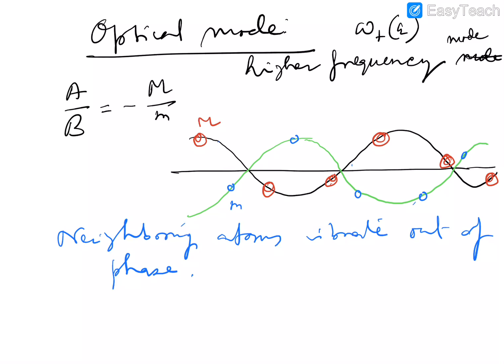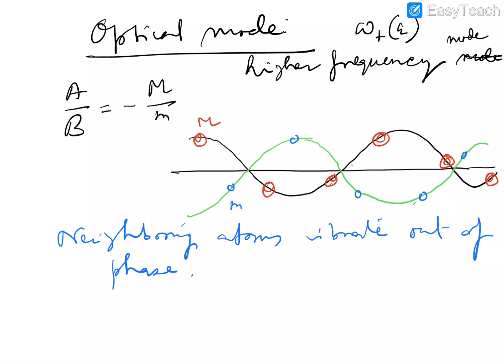For the acoustic wave, neighboring atoms vibrate in phase, whereas in the optical mode, corresponding to q equal to 0, that is the long wavelength mode, the neighboring atoms vibrate out of phase. That's what I have tried to show you here.